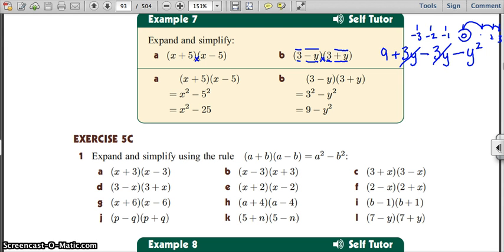Hopefully you can see that. Okay, what are we left with? 9 subtract y squared. If we did it the FOIL way, it takes that long. Okay, 9 subtract y squared, which is exactly the same as that if we do it the difference of 2 squares way. So we square the first number, square the last number, and just put a subtraction sign in there.